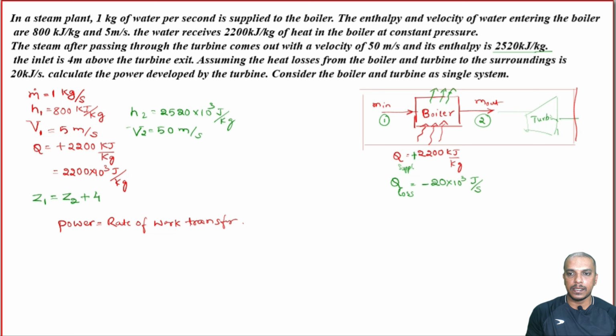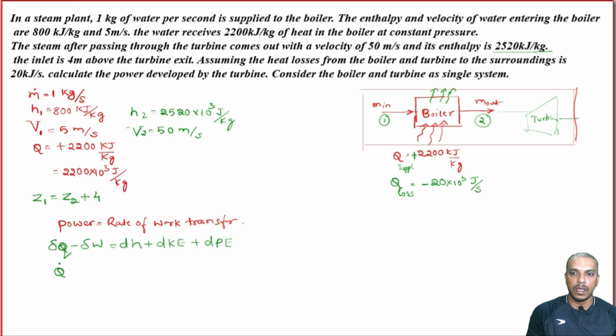So, let us start with the equation which we know: Q minus W is equal to change in enthalpy plus change in kinetic energy plus change in potential energy. Now, Q is given, let me write that Q dot here, because if you multiply this in joule per kg per second, we will convert this into watt.